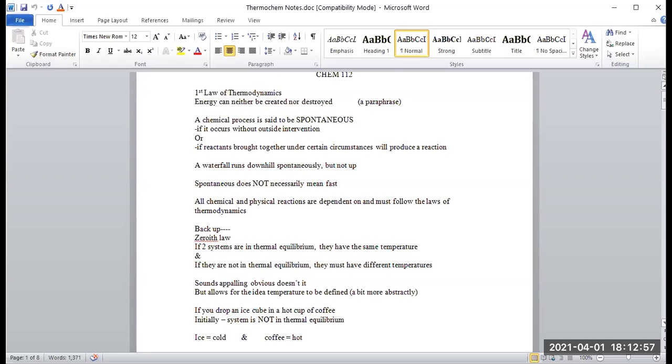I don't actually have to know whether I'm in Fahrenheit, Celsius, or Kelvin. I can assume that they are the same temperature because there was no change. There was no heat input and there was no heat given off.